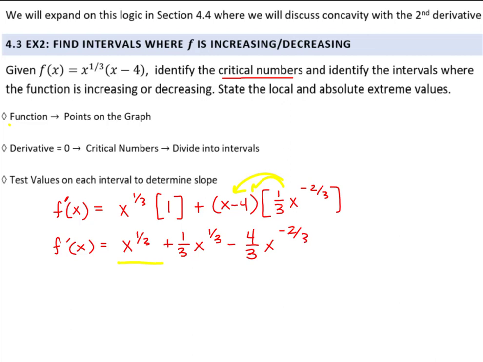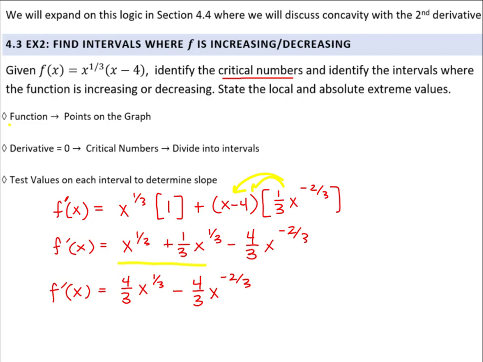Of course, in this situation, we can combine like terms. So f prime of x, 1 x to the 1/3 plus 1/3 x to the 1/3, that is 4/3 x to the 1/3. So I have 4/3 x to the positive 1/3 minus 4/3 x to the negative 2/3.